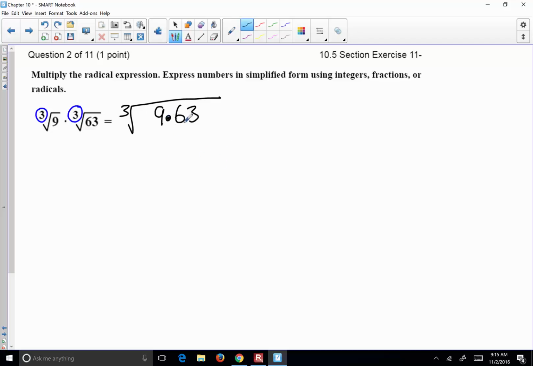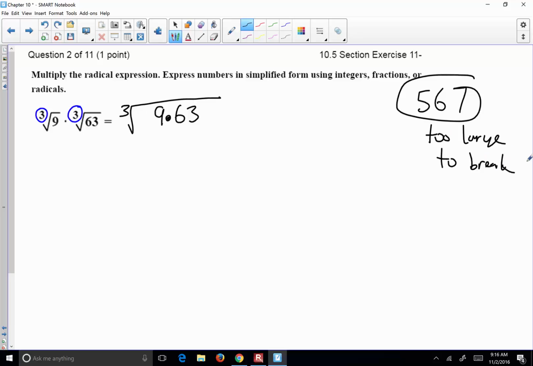Most people think, oh, we need to straightforwardly multiply 9 and 63 and then simplify. No, don't rush to multiply these yet. I know you want to multiply 9 and 63, but hold on. Why? Because if you multiply this, you get 567, I believe. And this is too large a number to break, too large to factor.